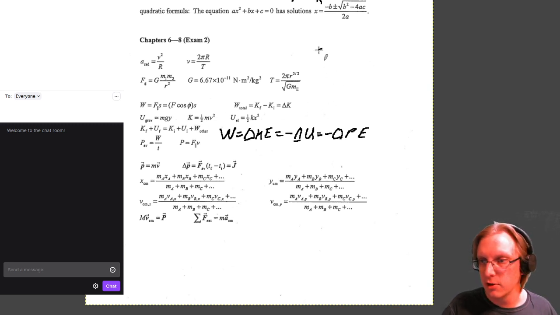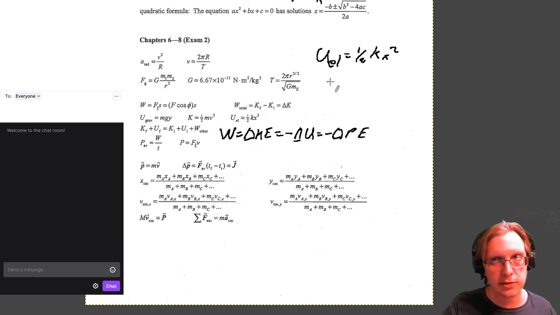We have U elastic, which is 1/2 kx squared. This is for any kind of spring or elastic item, so rubber bands and things like that. We have U of gravity, mgy.